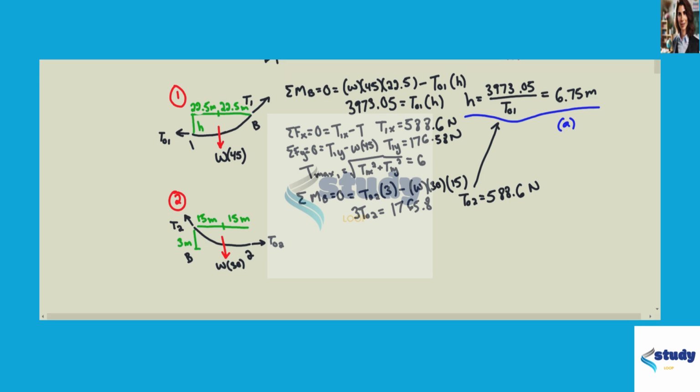This equals 614.5 newtons. That again is the maximum tension for the first cable.